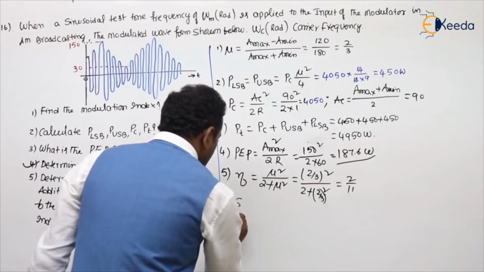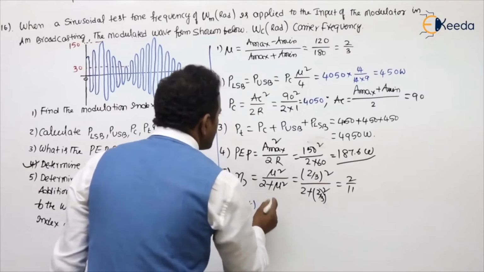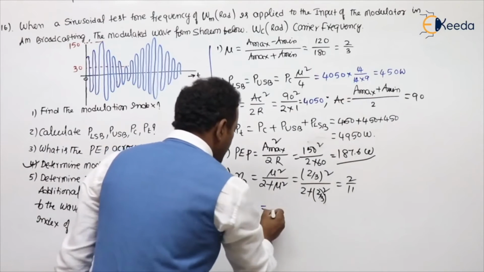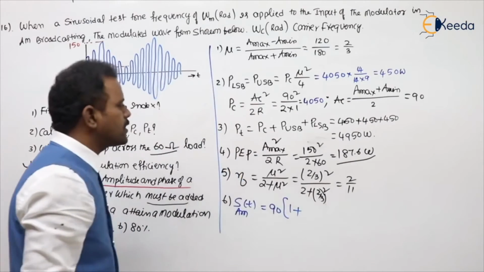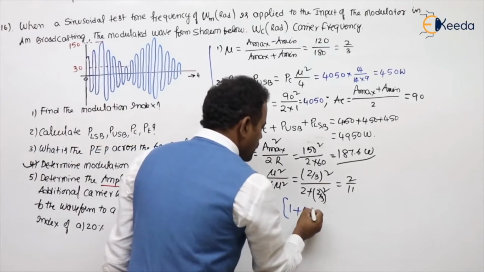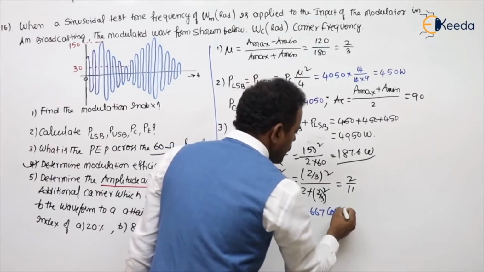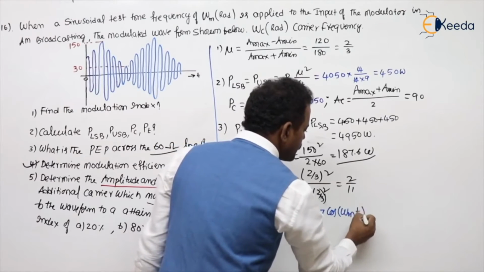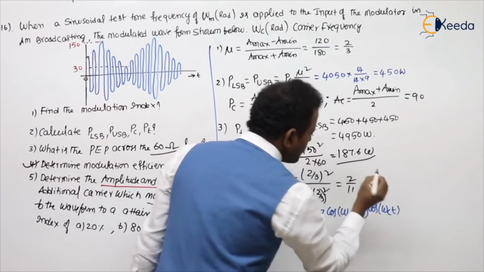We know s_AM(t) equals AC into 1 plus mu cos omega mt into cos omega ct. AC is 90, mu is 2 by 3, which means 0.667. This is our AM signal.